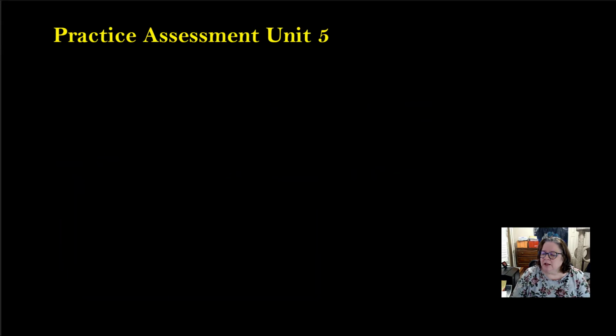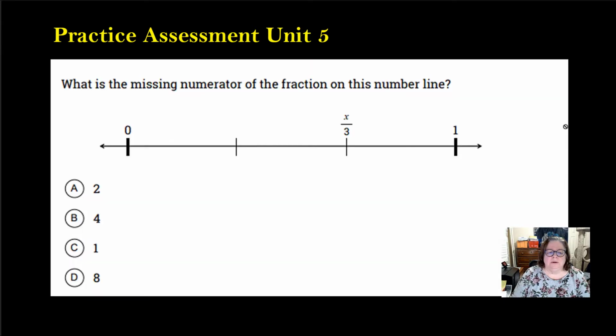I think we've actually got time for one more. What is the missing numerator of the fraction on this number line? Okay, so this time we have an X as the numerator. So we need to figure out which of these numbers goes where that X would be. What does X equal?